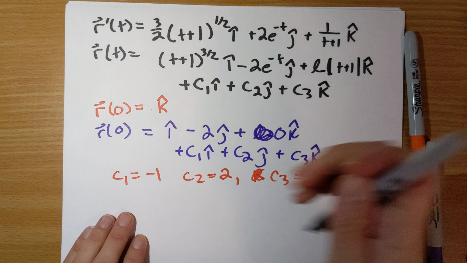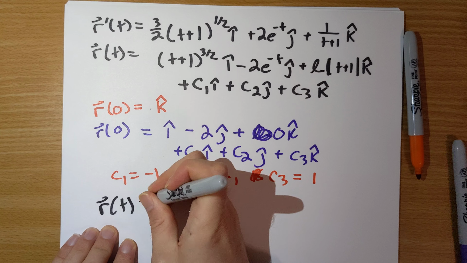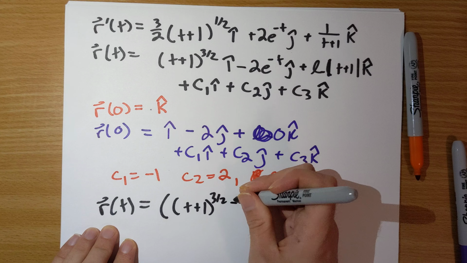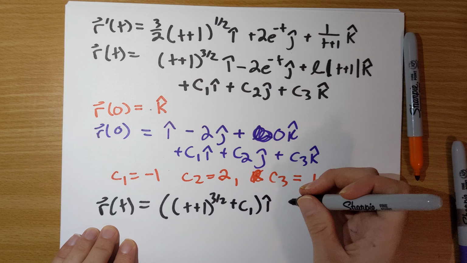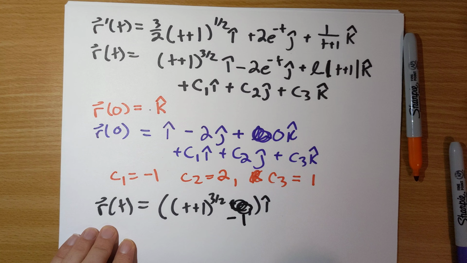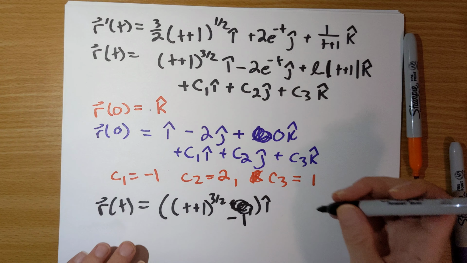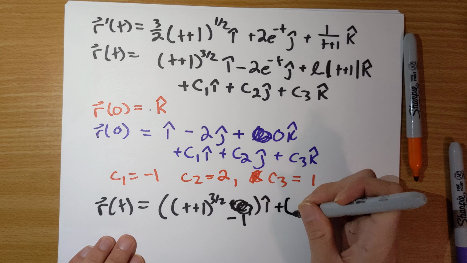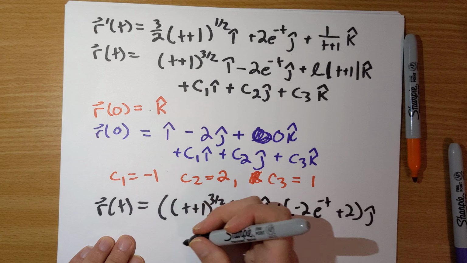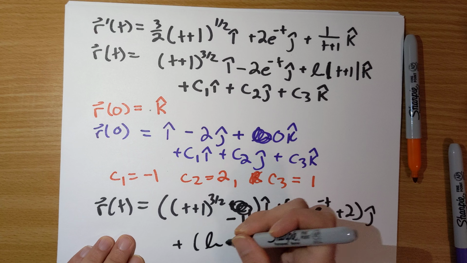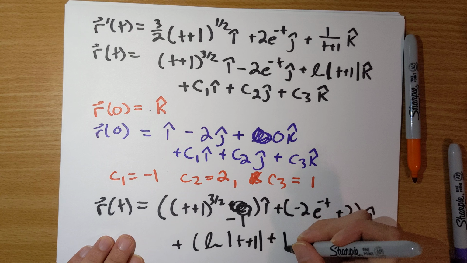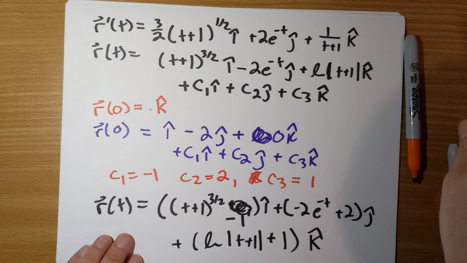So our final answer here, r of t, is t plus 1 to the 3/2 minus 1, I need to actually plug in what c1 is there, I hat, plus negative 2e to the negative t plus 2 j hat, plus natural log of absolute value t plus 1, plus 1, times k hat.